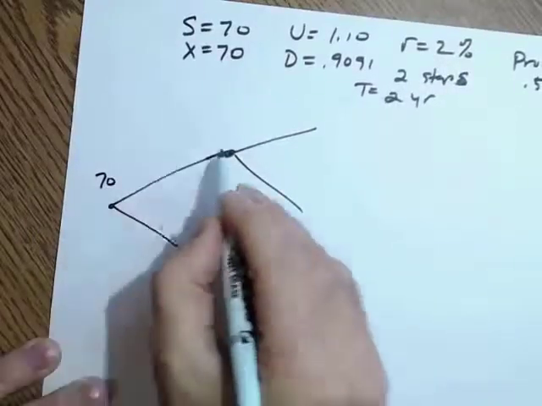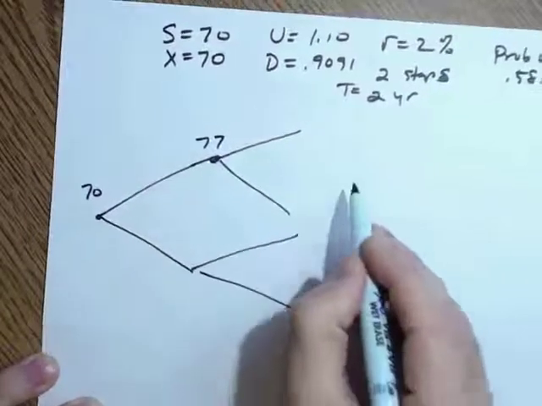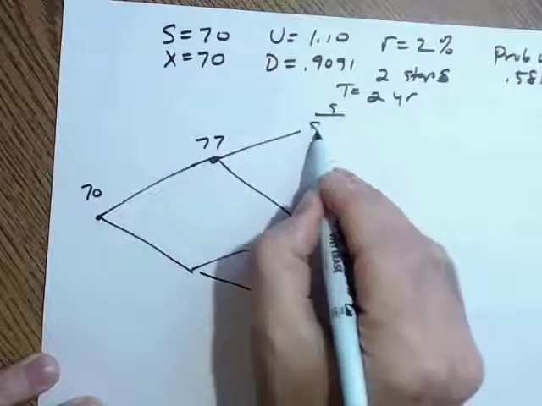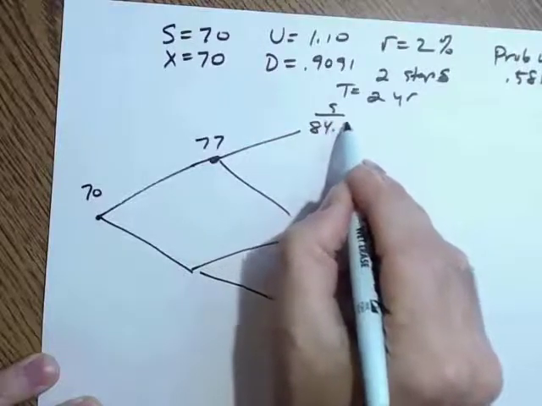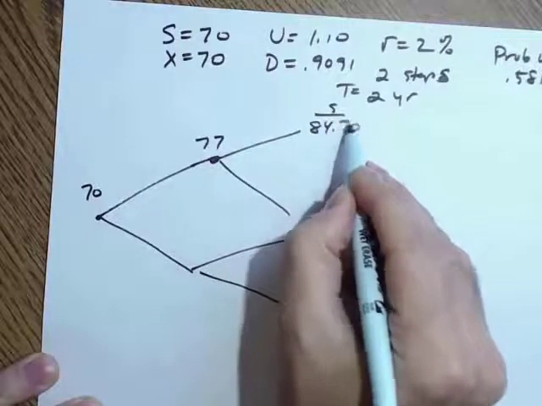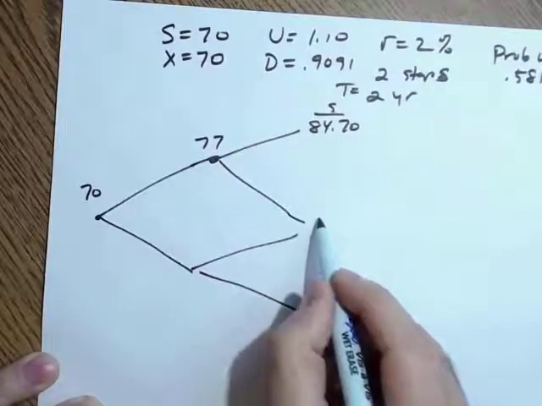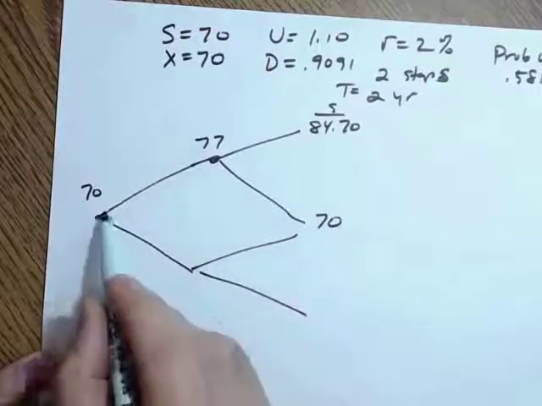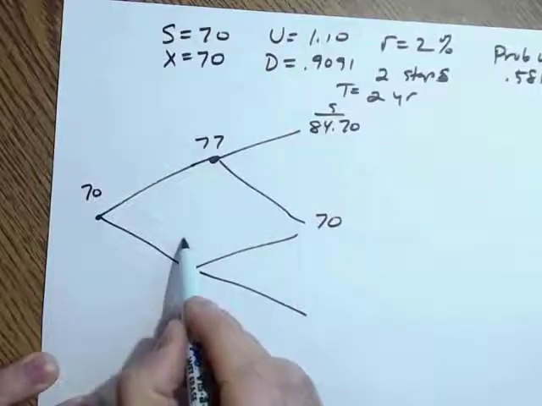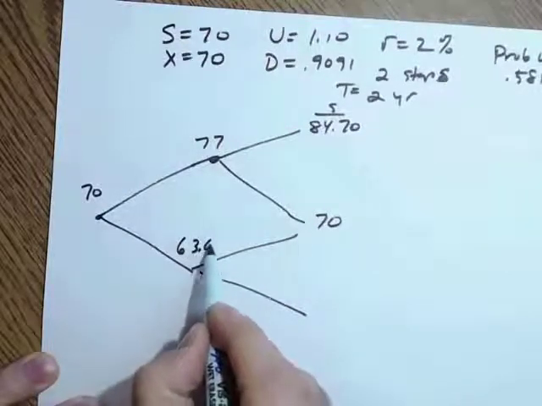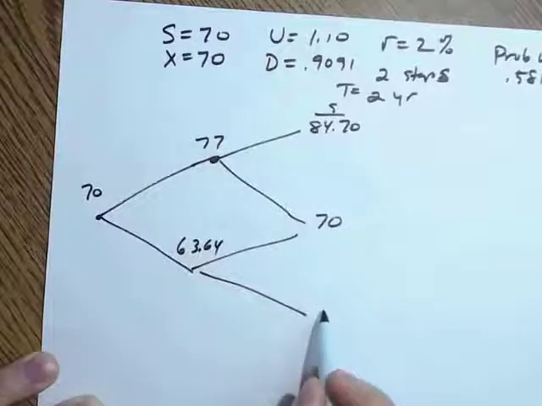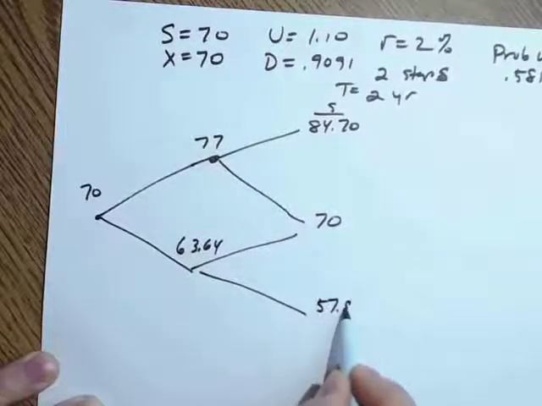Start off at 70, go up 10% to 77. Another 10% up will take the stock price to 84.70. If it goes up 10% and down 10%, we're back at 70. If it goes 70 down 10%, 63.64, and if it goes down again 10%, 57.85.